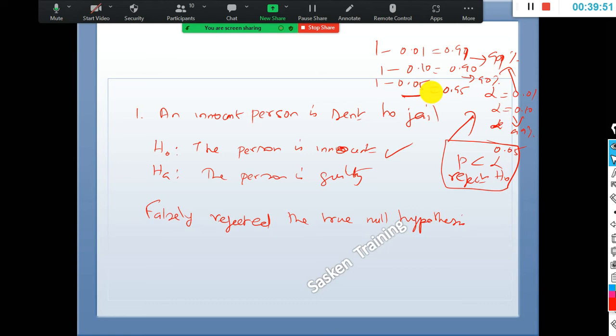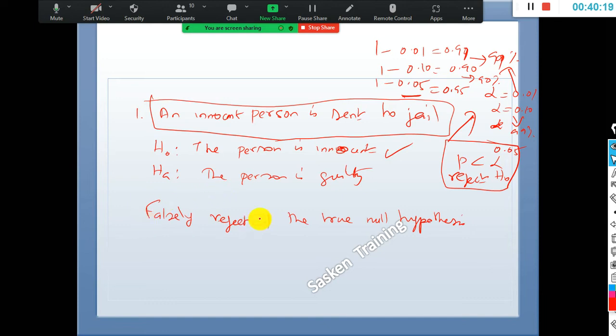If I use alpha equal to 0.05 and conduct the test, there is a 5% chance that the population mean cannot fall within this range, and a 5% chance that whatever is rejected is not correct, right? So that is what it says. In this case, the statement was given very clearly: an innocent person is sent to jail. This is how we need to write the null and alternative hypothesis.